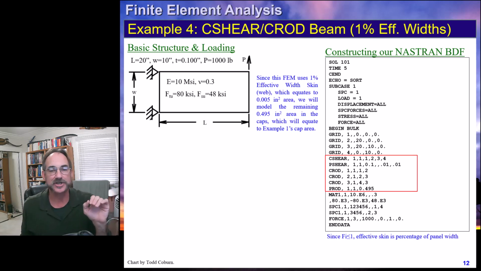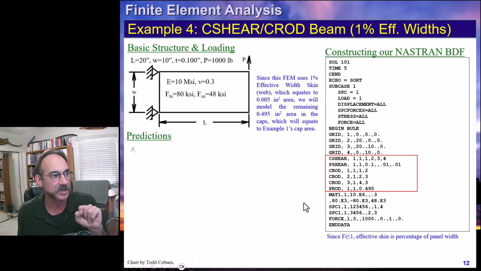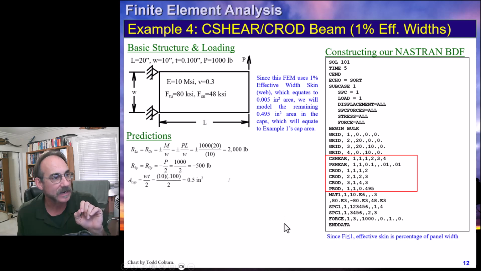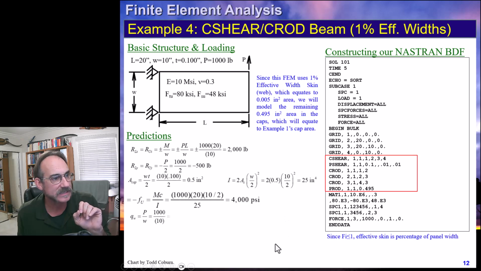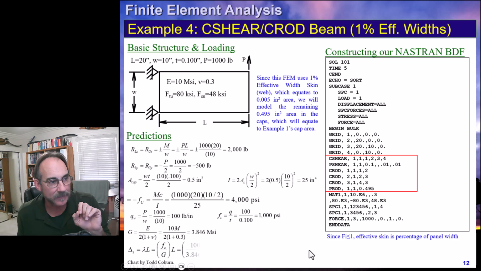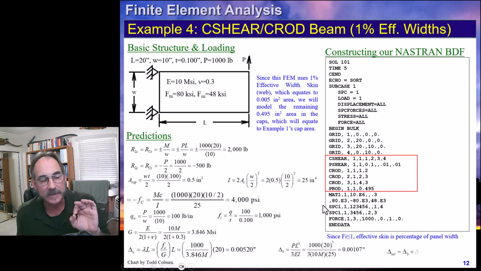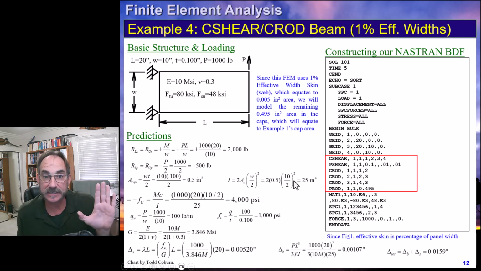That means our prediction should be identical to what we had in prediction 1. In example 1, as you see here, you'll notice all these numbers are the same as example 1 because we have the same CSHEAR panel. We have the same caps.